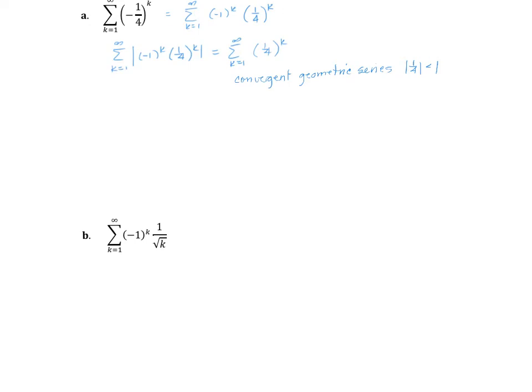So since the absolute value of my series converged, I can conclude that my series converges. In this particular problem, we're supposed to show whether it converges absolutely, converges conditionally, or if it diverges. So in the case where the series converges, it's always absolute convergence. So absolutely.